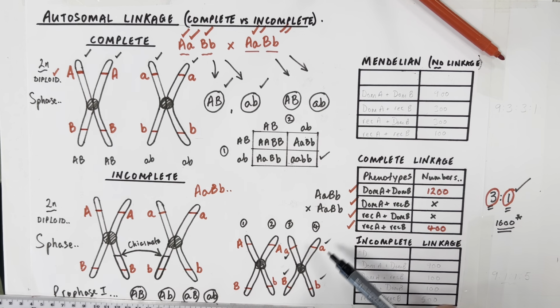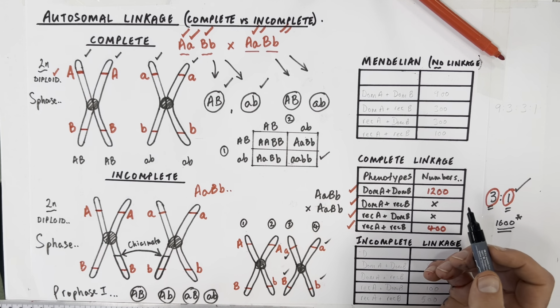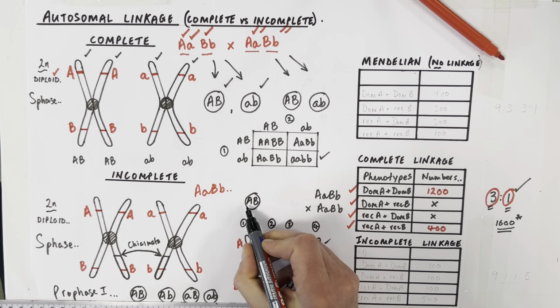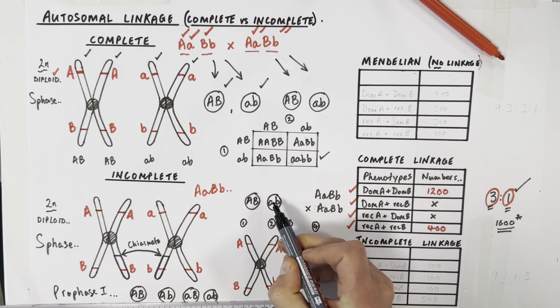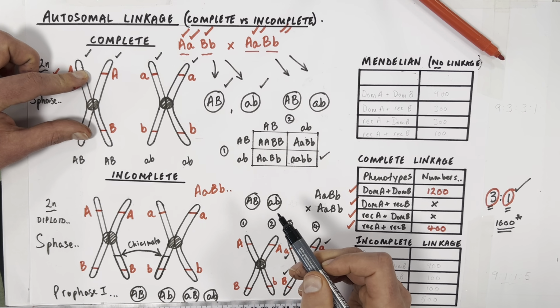So if we think about what gametes are being made, well, 10% of cells would give rise to these 4 gametes, but 90% of cells with no crossing over, because we know crossing over is rare, would give rise to these gametes. Dominant A, dominant B, recessive a, recessive b. Now this is very similar to the first case we had at the top with no crossing over.